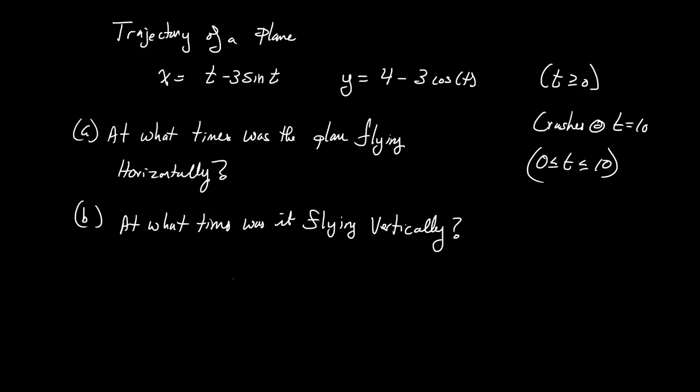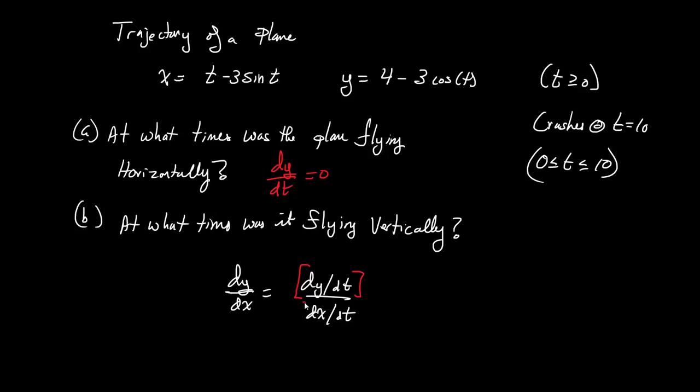If we think about the relationship of dy/dx being equal to dy/dt divided by dx/dt, we know it's going to be flying horizontally when the numerator of our derivative is equal to 0. So we know here that dy/dt will have to be set equal to 0.